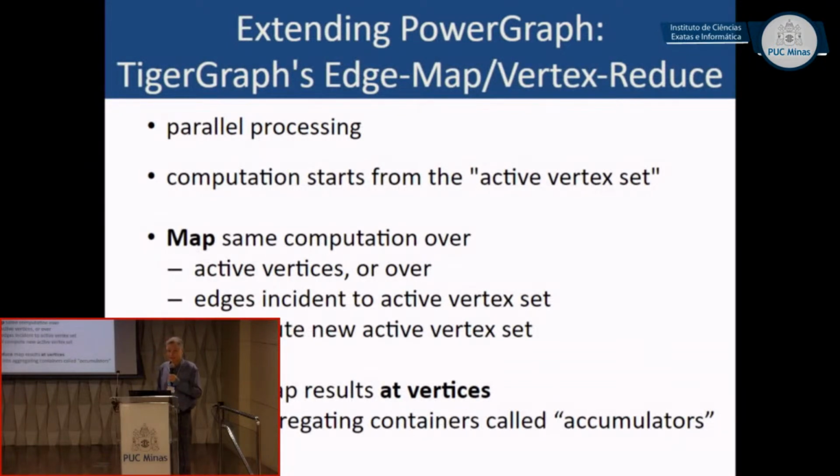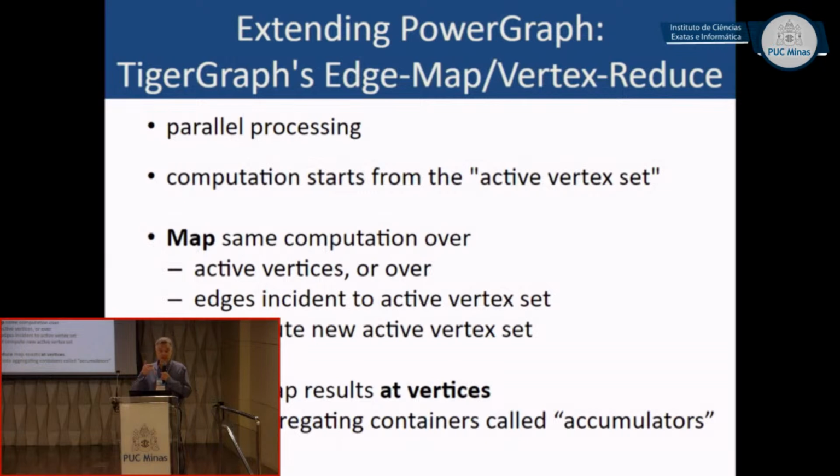Let's extend this a little bit more and apply basically all the good ideas we've seen in something introduced by graph startup TigerGraph, which it refers to as the edge map vertex reduce programming paradigm. It's also parallel processing.